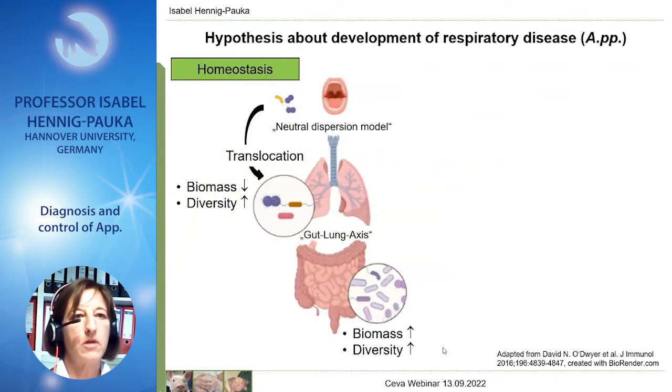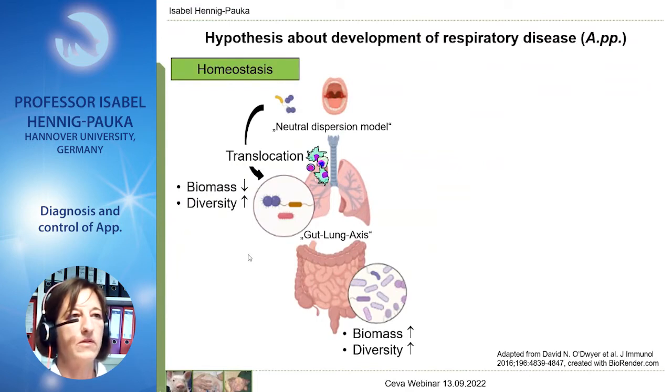And here I show you a model from human medicine about the development of respiratory disease. And in my opinion, this might also be true for APP. In a healthy host, you have a homeostasis, which means a neutral dispersion model with an intact microbiota in the tonsils, and continuously bacteria are translocated in lower amounts but in a high diversity to the lung and eliminated there by the cells.